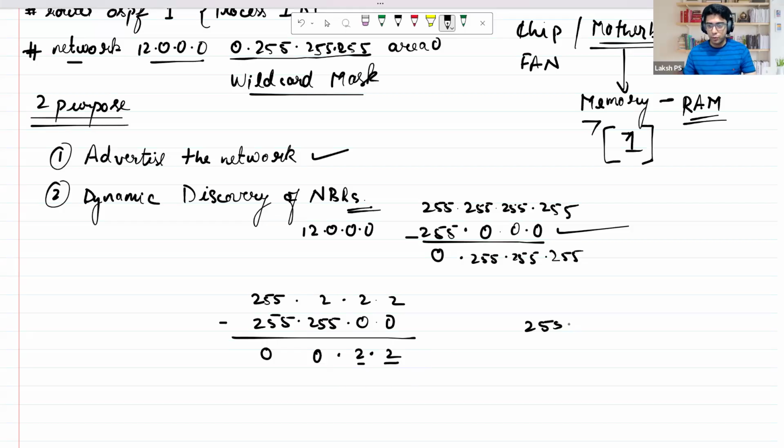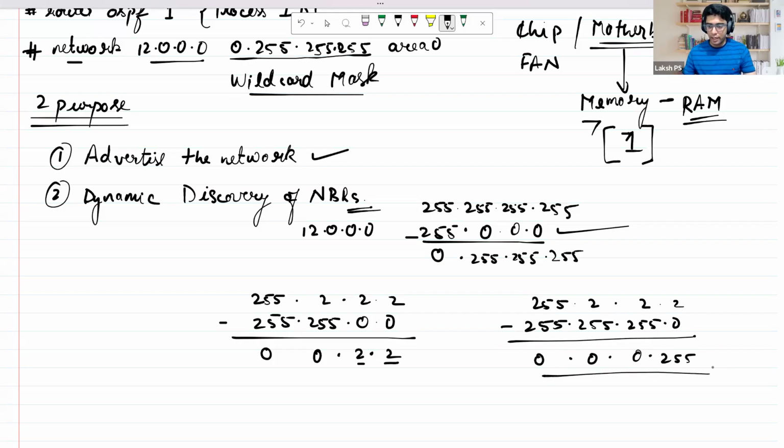Then the wildcard mask for 255.255.255.0 is going to be, subtract everything from 255, so you will get 0.0.0.255. This is the wildcard mask for a class C address mask. Class B and class A address masks have their respective wildcard masks as well.